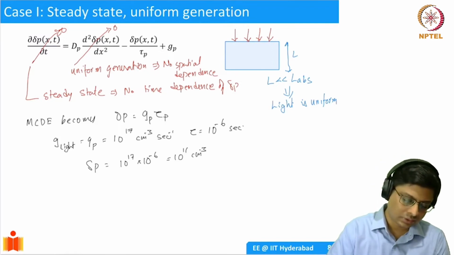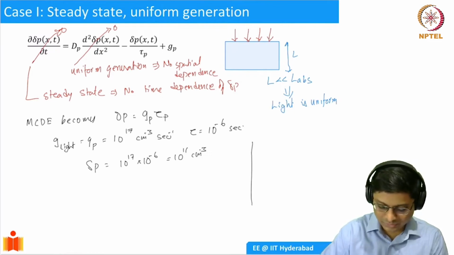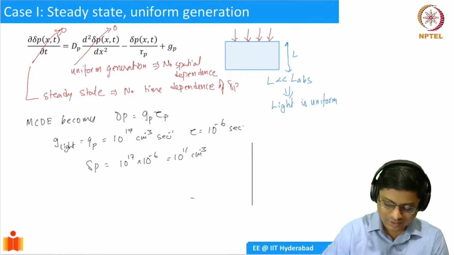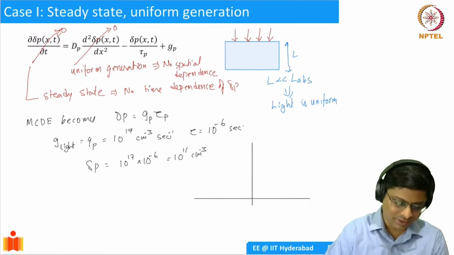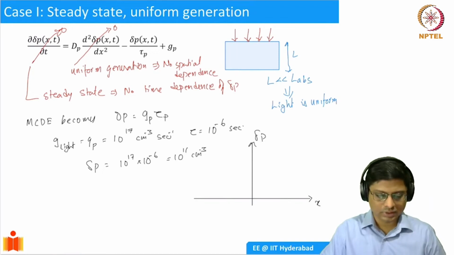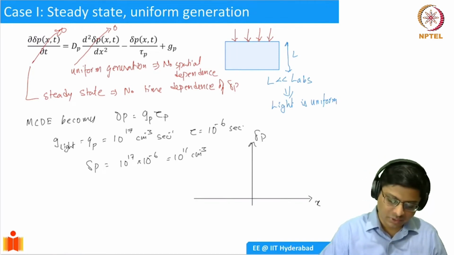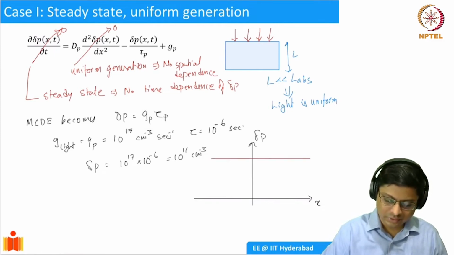So you have this much minority carrier density in the semiconductor. How does that depend on position? Well, if you plot delta P versus X, it's going to be uniform generation, so there is no spatial dependence.